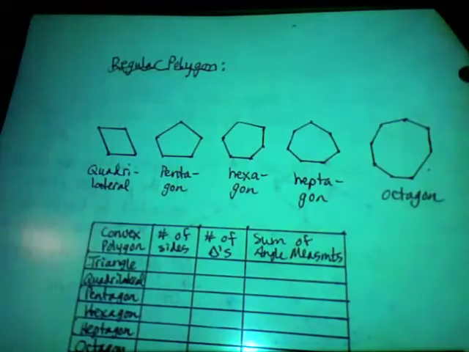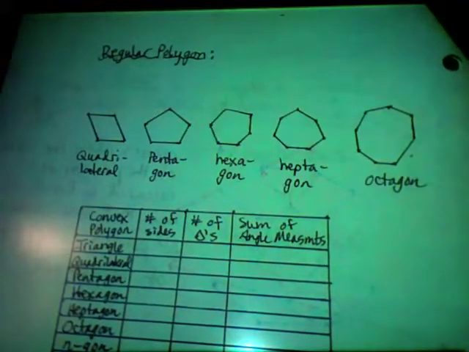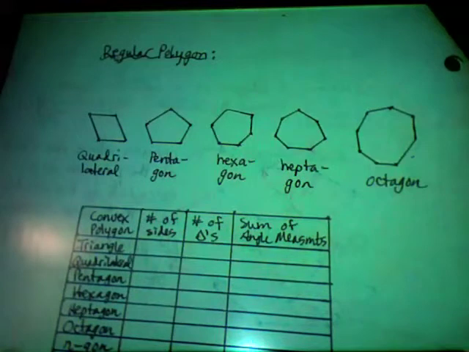Then we're going to talk about regular polygons. Again, you should know the definition of a regular polygon because we talked about that in an earlier chapter briefly. Anybody remember? There's two things a regular polygon has. What's one thing? Equal sides and equal angles.